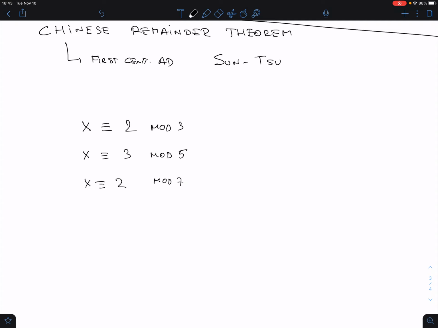So first of all, we have to discuss a little bit how we are guaranteed that we have a solution. The one condition that we need is that these 3 moduli have to be, I'm going to write this, pairwise relatively prime.